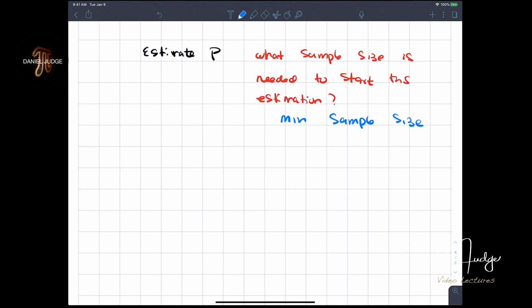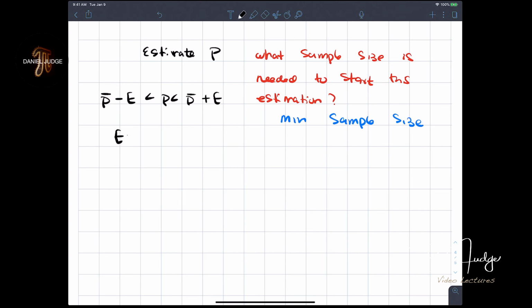And so the format that I gave you for this is sample mean minus the error less than P. And that's not sample mean, by the way. That's population mean, or population proportion, if you guys remember that. P hat minus the error is less than P, which is less than P hat plus my error.